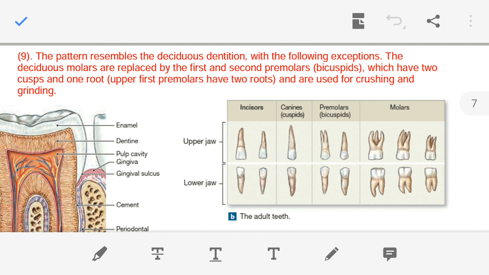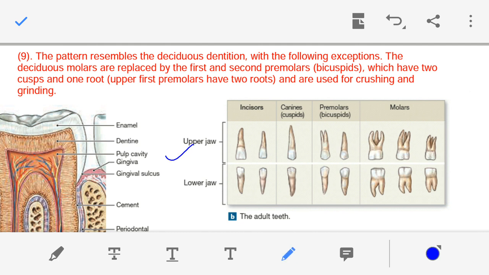So these are four premolars, and in the upper jaw two premolars. They have one root, and only one upper premolar has two roots.